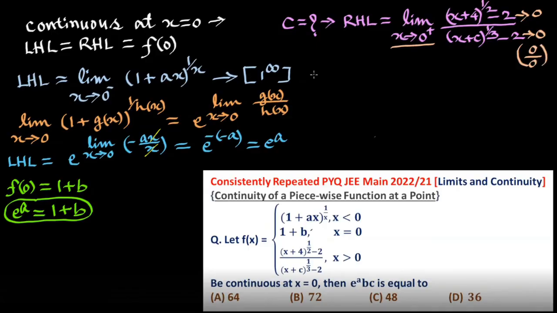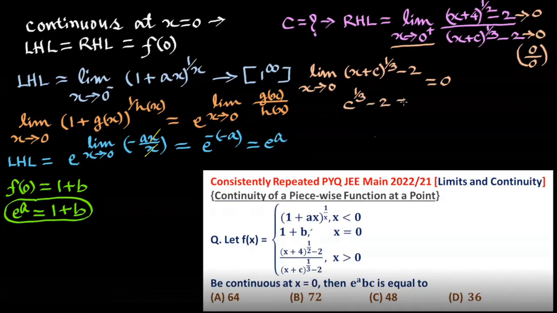So taking the limit of the denominator, limit (x + c)^(1/3) - 2 as x tends to 0 equals 0, c^(1/3) - 2 equals 0. That gives c^(1/3) equals 2, c equals 8.